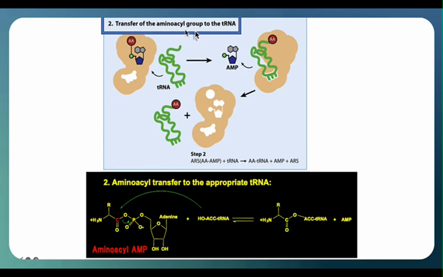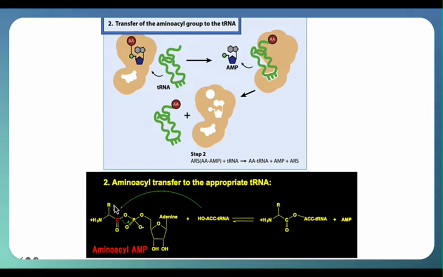In the second step, ARS recognizes the transfer RNA to be incorporated into the enzyme, which then transfers the amino acid from aminoacyl AMP to the 2' or 3' position of the transfer RNA. The chemical equation for this reaction is shown below.